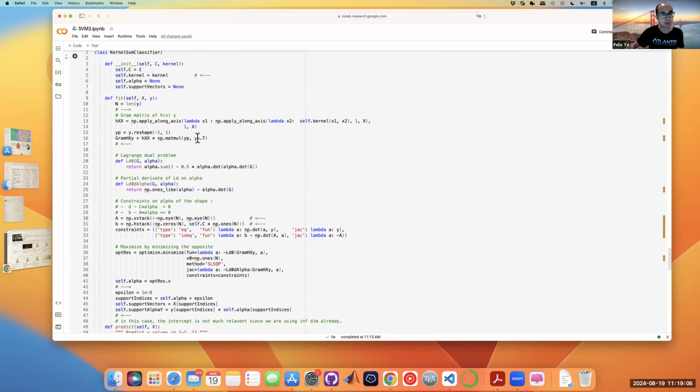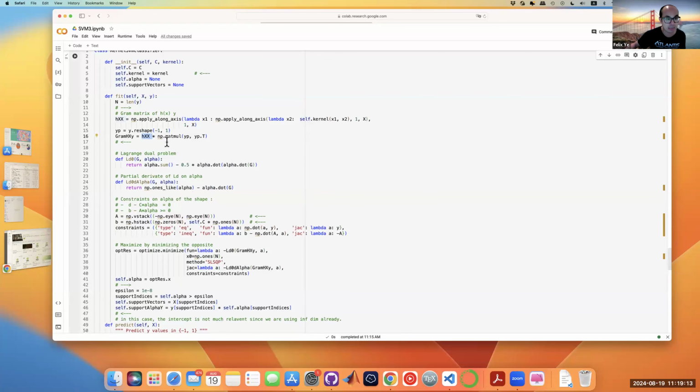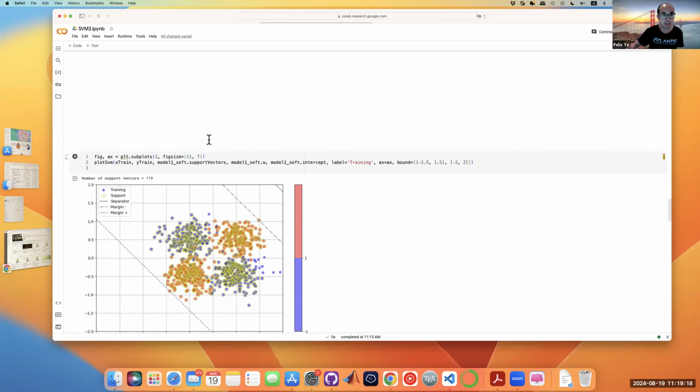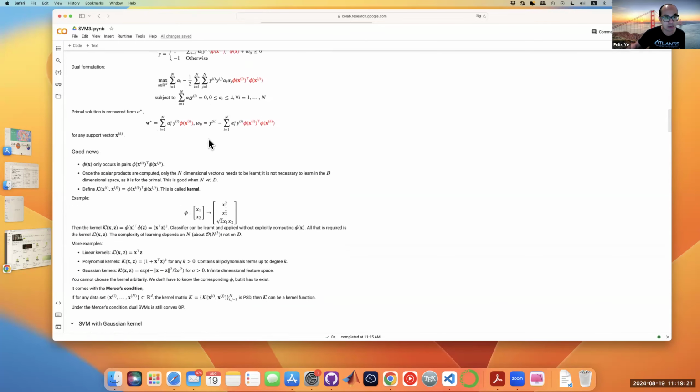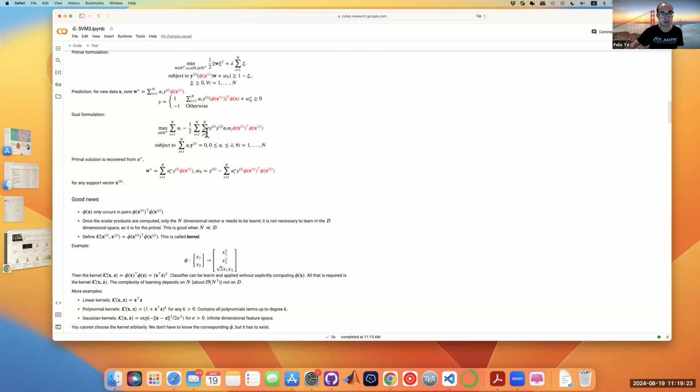That will be just H of xx times yp and yp transpose. This is basically the same Gram matrix that we have if we vectorize everything of yi and yj and phi xi transpose and phi xj. You just move alpha i and alpha j out, so everything goes inside, and this becomes your Gram matrix.